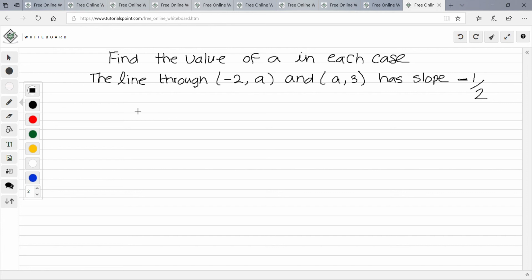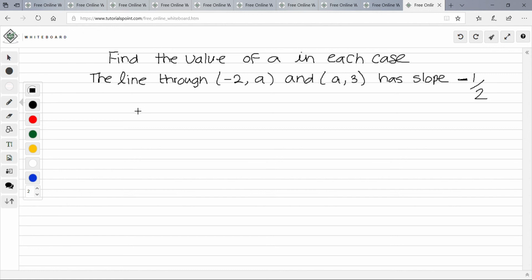The line through negative 2, a, and a, 3 has a slope of negative 1/2. This looks really confusing. So what I'm going to do is, they ask you, find the value of a. So I'm going to use what I know.